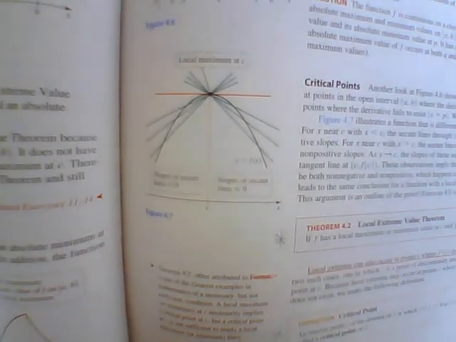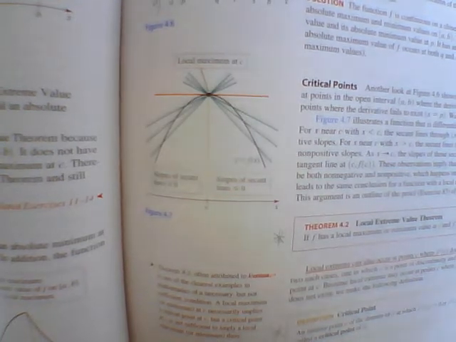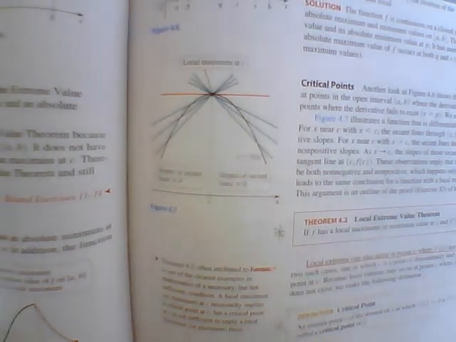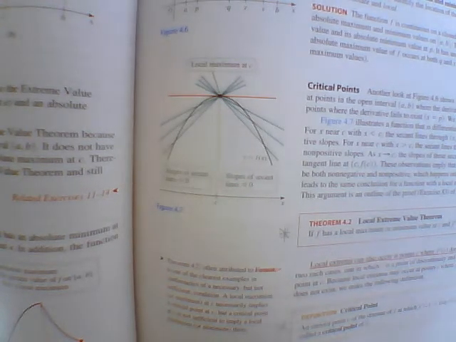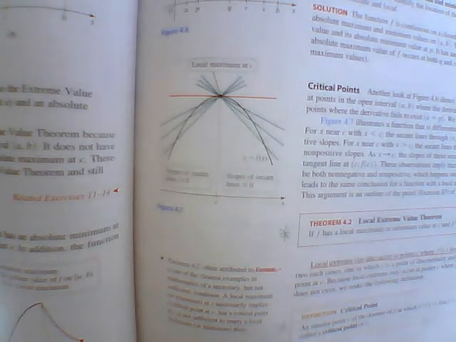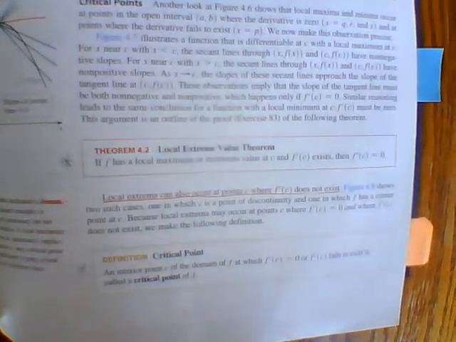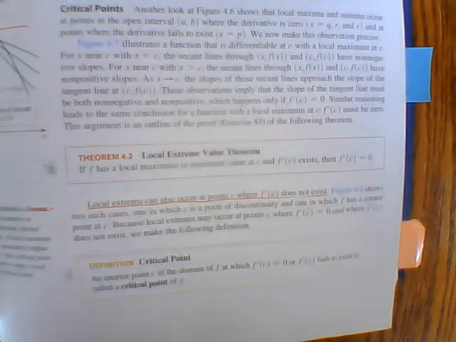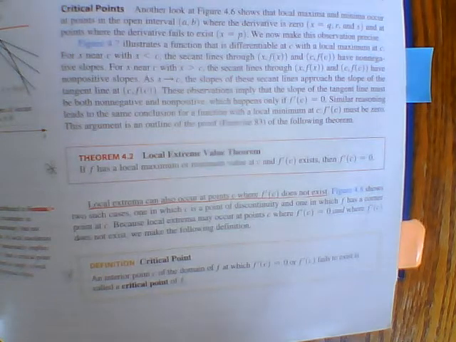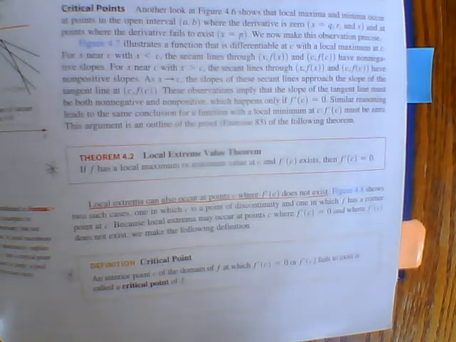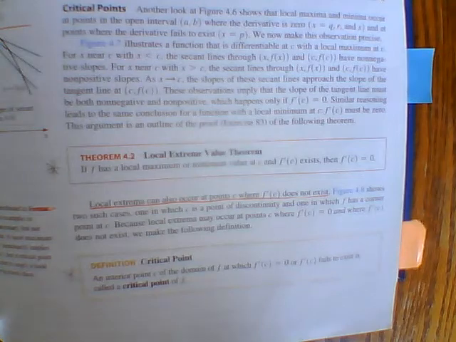What we start seeing here is that as we look at points, the slope of our secant lines, basically our tangent line, comes to a slope of 0. That's where we start talking about our critical values. When we look at critical points, we talk about the local extreme value theorem. If f has a local maximum or minimum value at c, then f prime of c exists, and f prime of c equals 0.